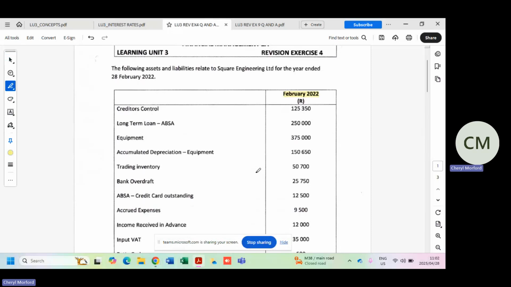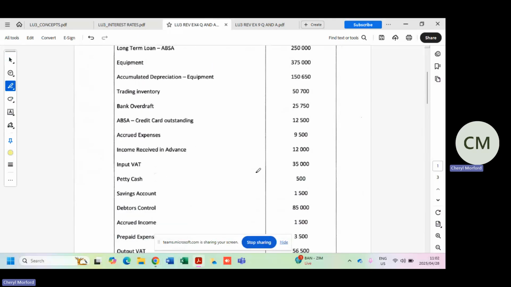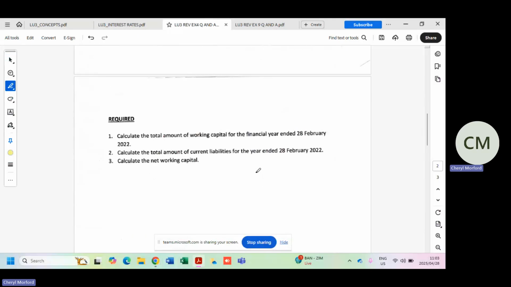So let's start by doing part 1 and 2 simultaneously. I think that will be the easiest way to do it. So let me just show you the question. We're wanting to do working capital, which I said is current assets. And we also want to do current liabilities for the same period.